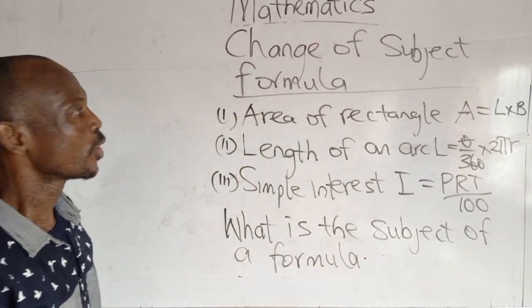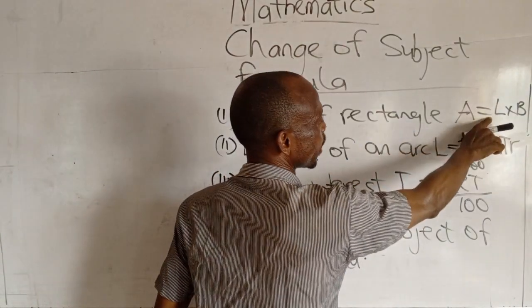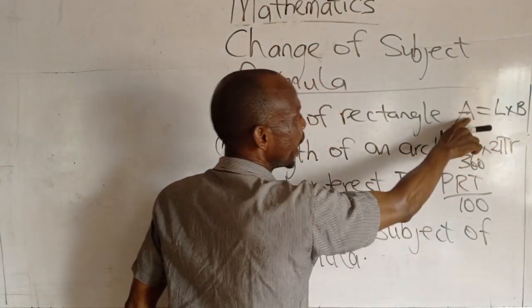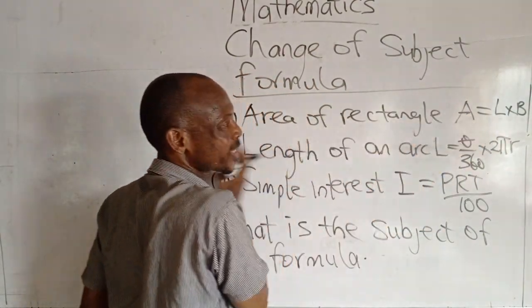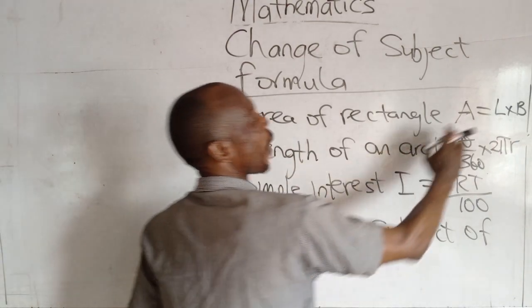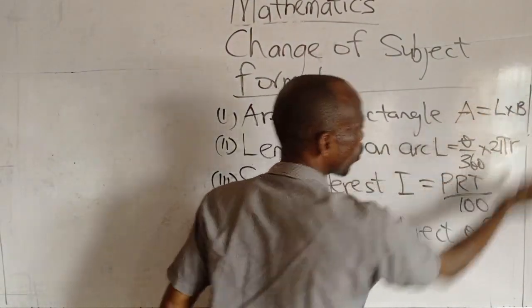For example, the subject of this formula, A is equal to L times B, is A, because A is standing alone on one side of the equation, while all other letters are on the other side of the equality sign.